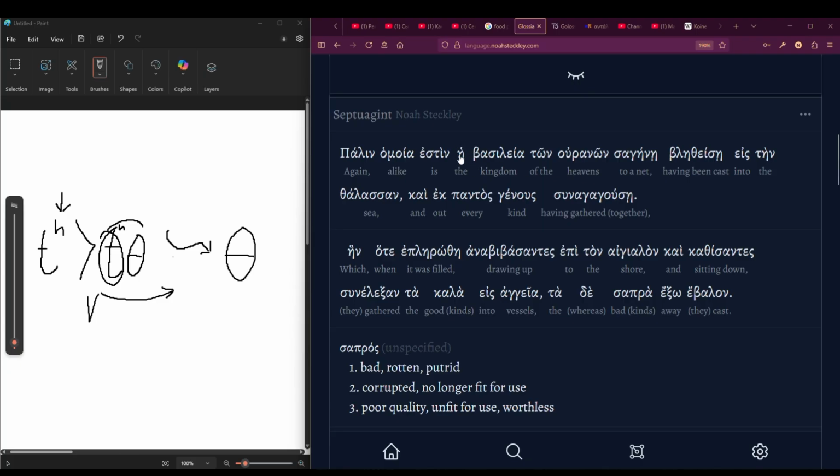Modern Greek would turn this into a full E, but I'm keeping it a little bit lower because apparently that was happening. This combination here, we're turning into an U.